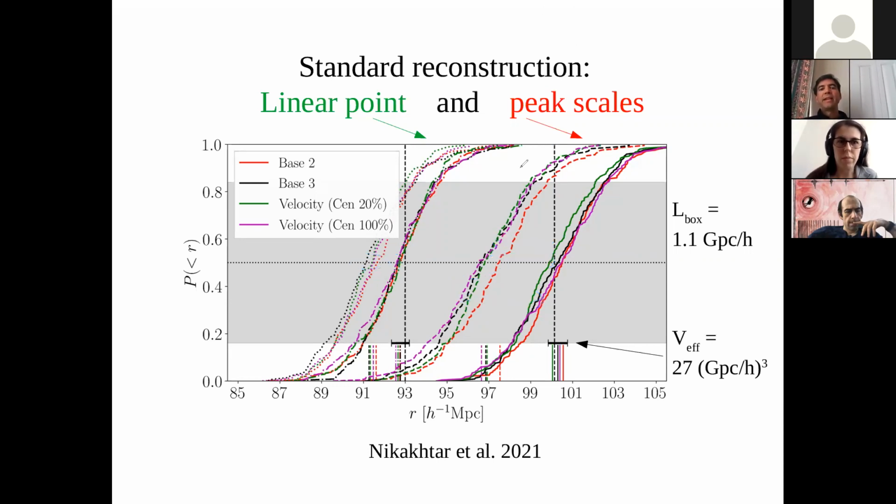These are not things that the standard reconstruction was even made to get right. It's trying to get something that's closer to getting the peak scale right. But it does the linear point very nicely. There's a slight bias, it should be here, but small scatter. So that's the standard way of doing things.